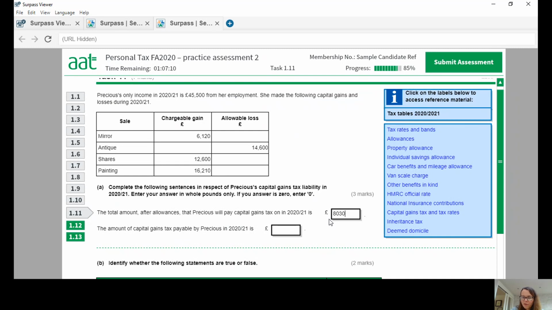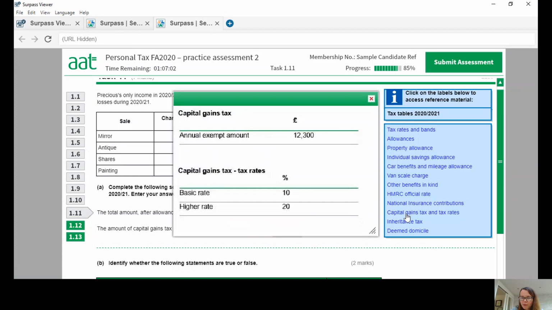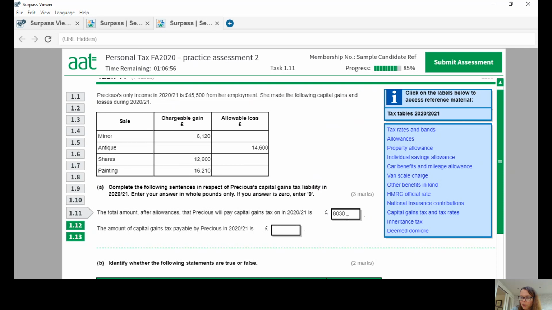So the first 4,500 of this 8,030 will be at 10%. Yeah, remember you've got the basic rate 10% and then everything else at 20% for capital gains tax. So I'm going to do 4,500 at 10%. And then I need to go, right, 8,030, I've done 4,500.